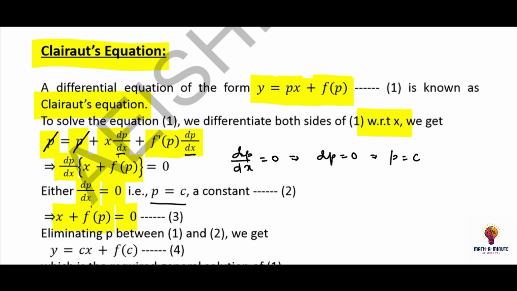Okay, now from equation 1 and equation 2, if we eliminate p, then it will be y equals cx plus f(c), which is known as the general solution.